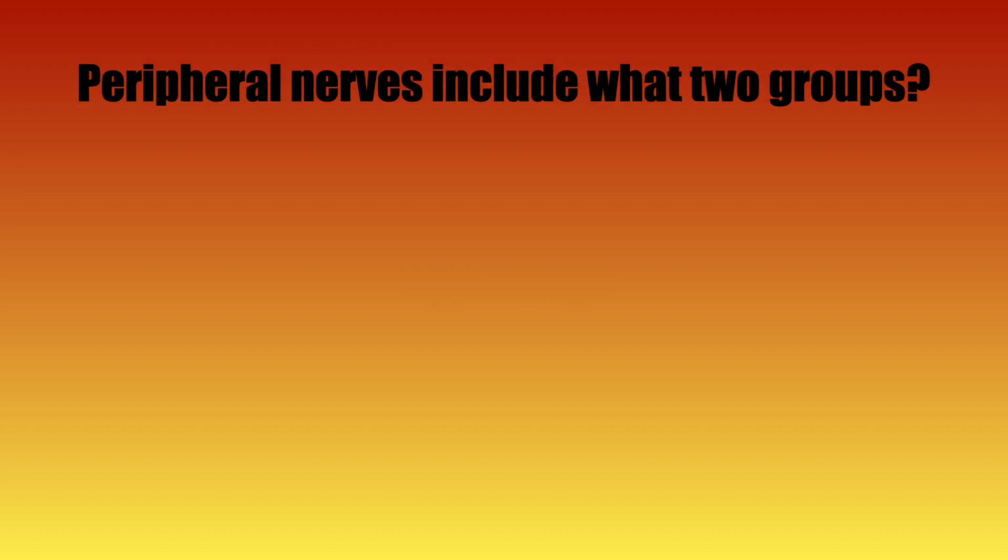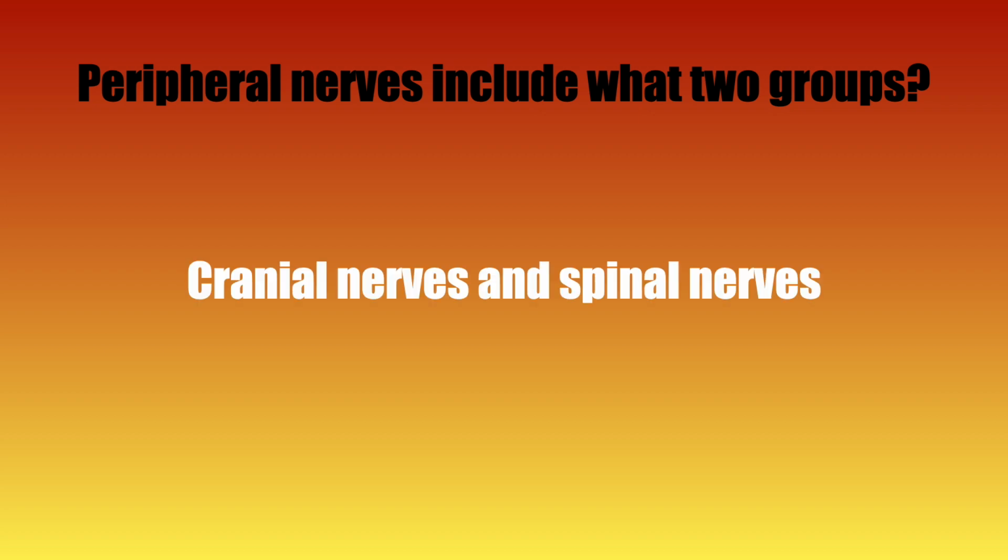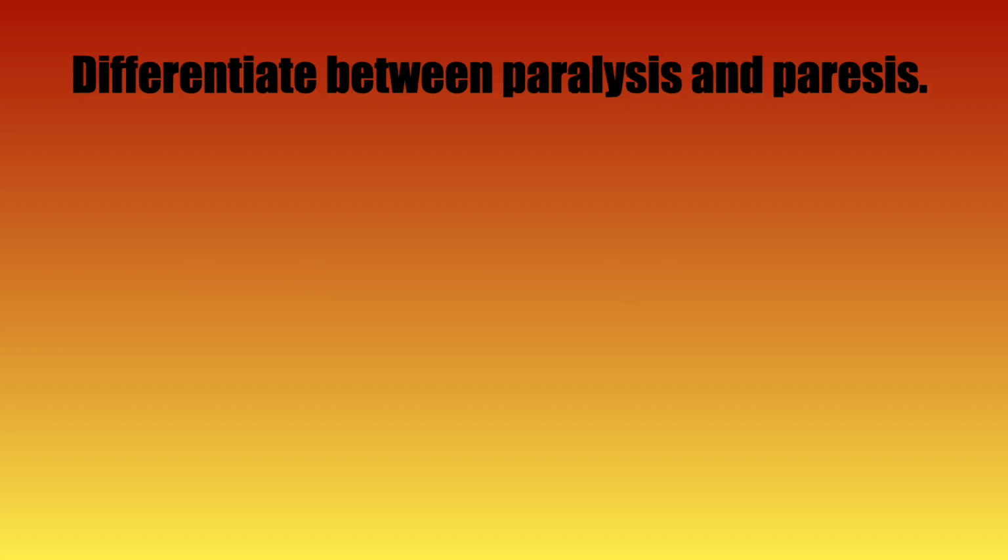Peripheral nerves include what two groups? The answer is cranial nerves and spinal nerves. Differentiate between paralysis and paresis.